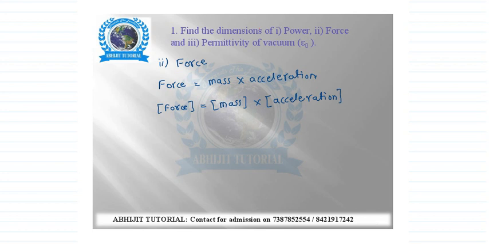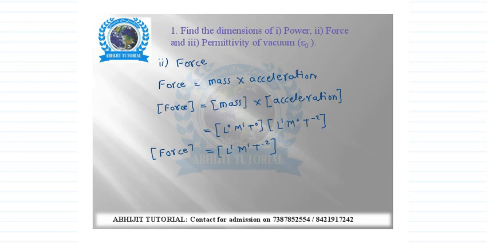Here the dimensions of mass are L0, M1, T0, and for acceleration L1, M0, and T minus 2, since acceleration is meter per second square and mass is in kg. Now by using the power rules, we simply write the dimensions of force as L1, M1, and T minus 2. This is the same value we used in the previous calculation. Hence, these are the dimensions of force.